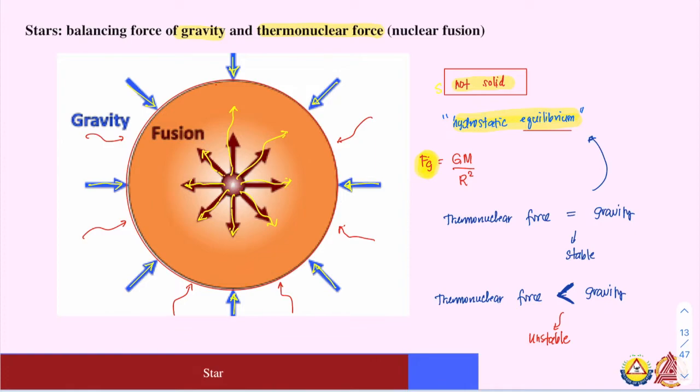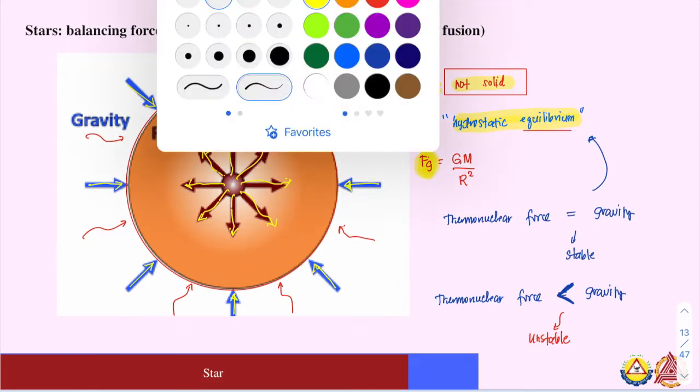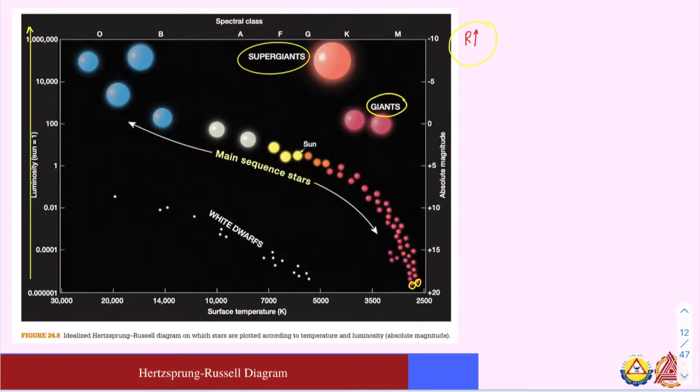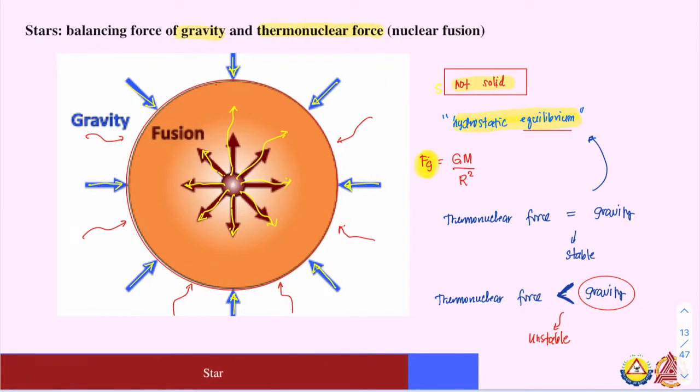Whenever the force of gravity overcomes the thermonuclear force, that corresponds to some unstable phases in your star's life. And you will see in the Hertzsprung-Russell diagram that whenever that happens, your star tends to move to a different position on your Hertzsprung-Russell diagram. And that will be the focus of our discussion this morning.